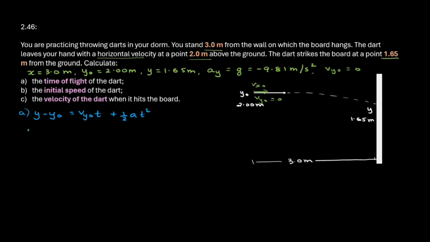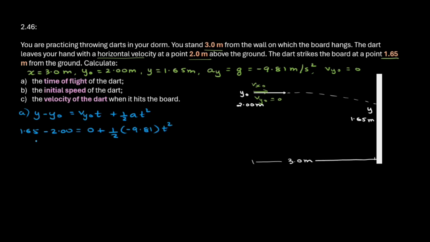Let's substitute. y is 1.65 minus y0 is 2. Vy0 is 0. So when you multiply 0 with t, you get 0 plus half a, where a is negative 9.81. We need to find the value of t.